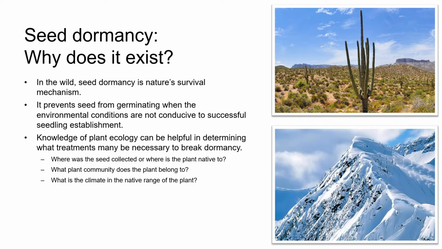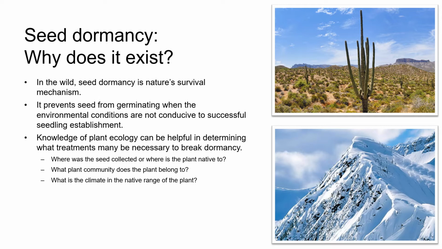No. So it doesn't behoove your seed to germinate as soon as there's sufficient water. It benefits your seed to develop a state of dormancy and not germinate until the spring, when the soil will still be moist, but temperatures will be warmer and your seedling stands a much better chance of survival as it establishes itself over the summer months.